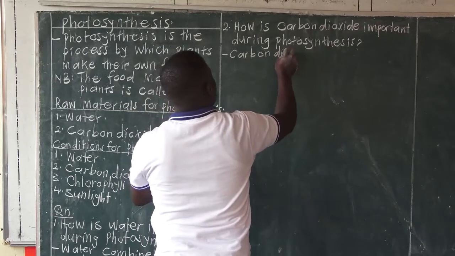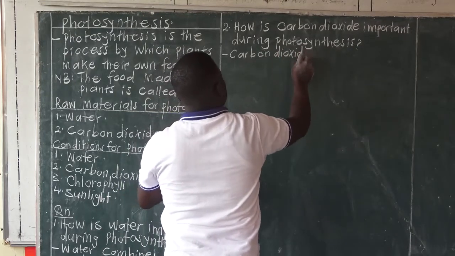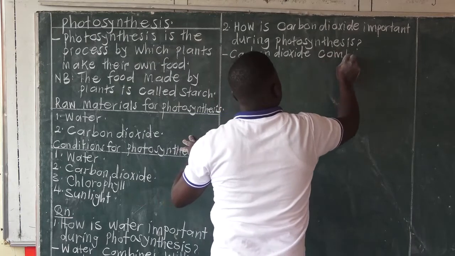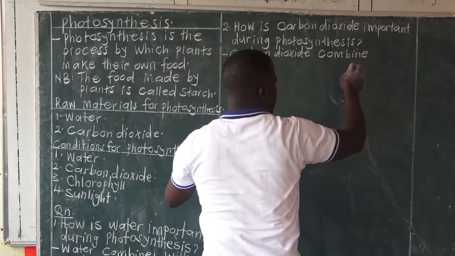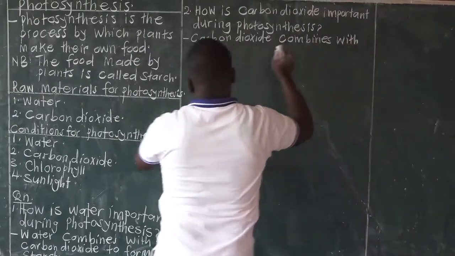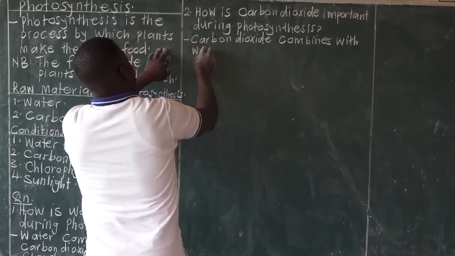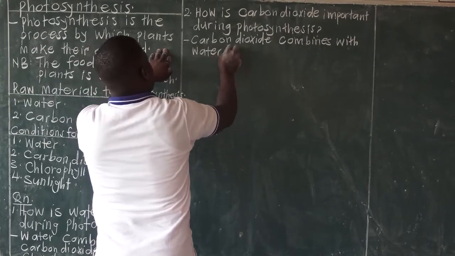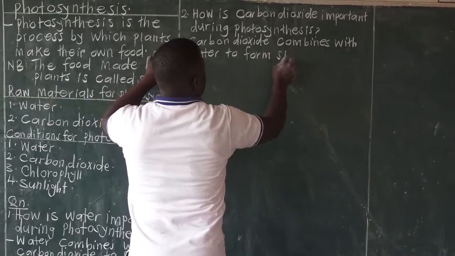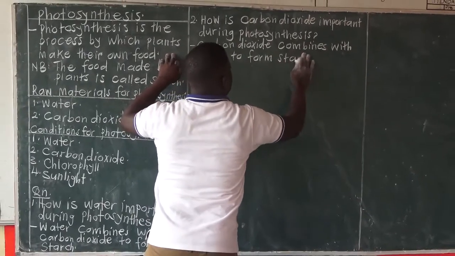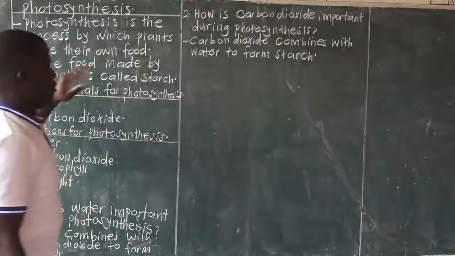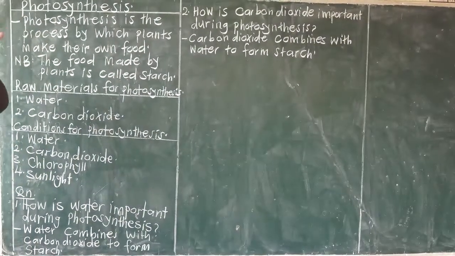Carbon dioxide combines with water to form starch.